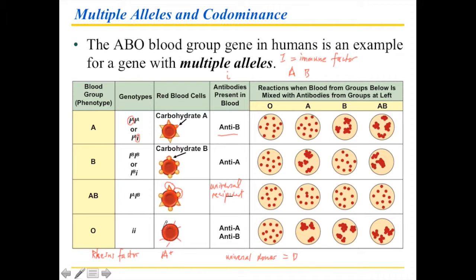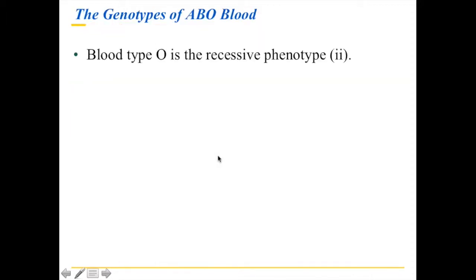So you can be O positive, and that means you have the little rhesus markers. But that's a different gene altogether than the ABO one. But that's how your blood type is most commonly presented, A positive or B positive or whatever. So that's how the multiple alleles and codominance work with blood type.